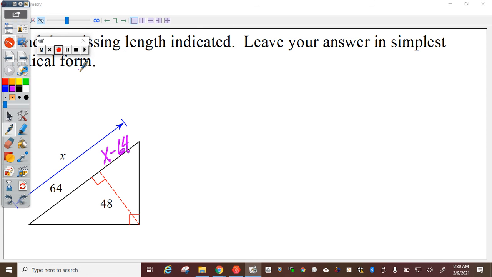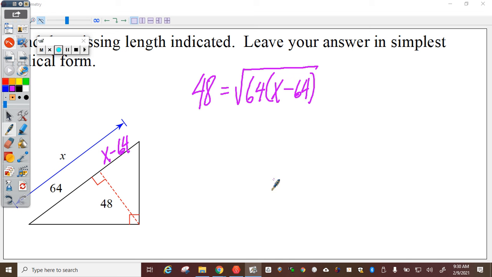So let's make sure the setup is correct at least. 48 would equal the geometric mean of these two parts, 64 times x minus 64. Okay, that's the setup.